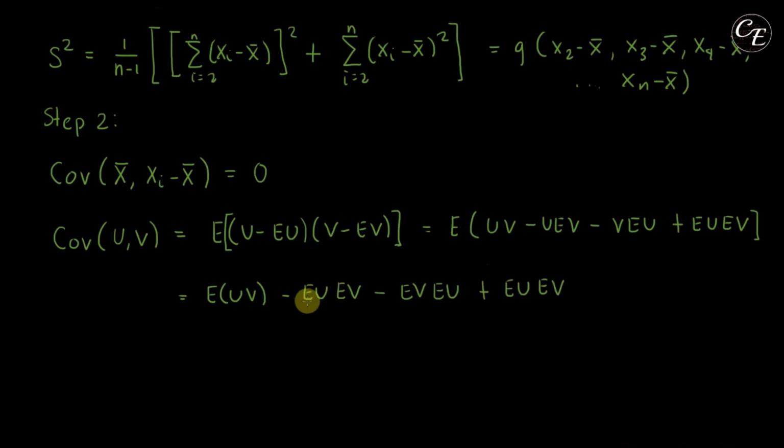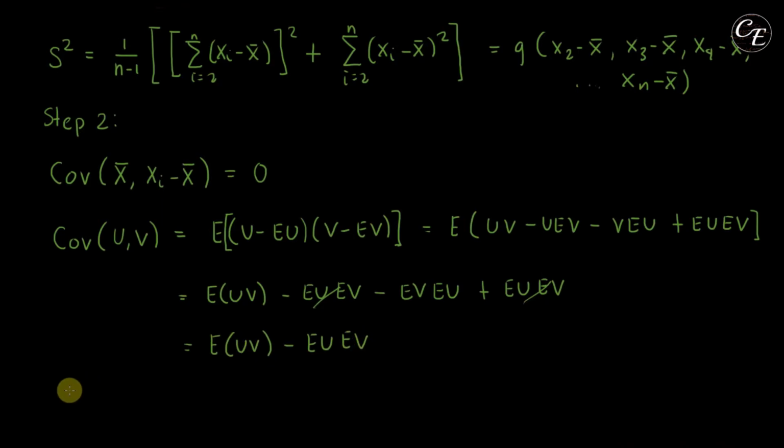Now this one minus expectation of u times expectation of v, and this one plus expectation of u times expectation of v, cancel because they result in 0, so we're left with expectation of uv minus expectation of u times expectation of v.